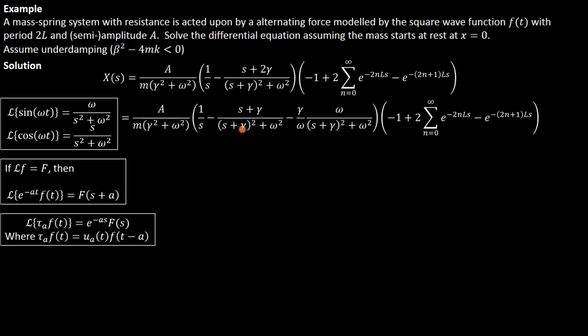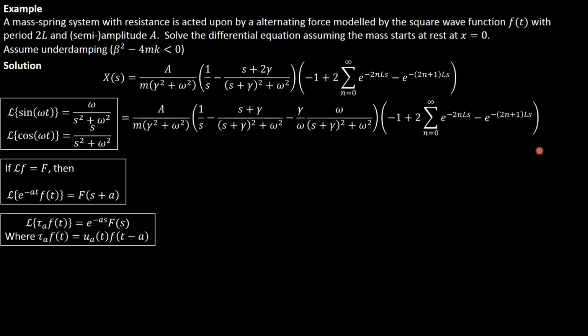We're taking the cosine transform and shifting it by gamma. That's what we have here. And here I've rewritten it a bit so that it more closely resembles the Laplace transform of a sine. So this is entirely an algebraic simplification to go from here down to here.